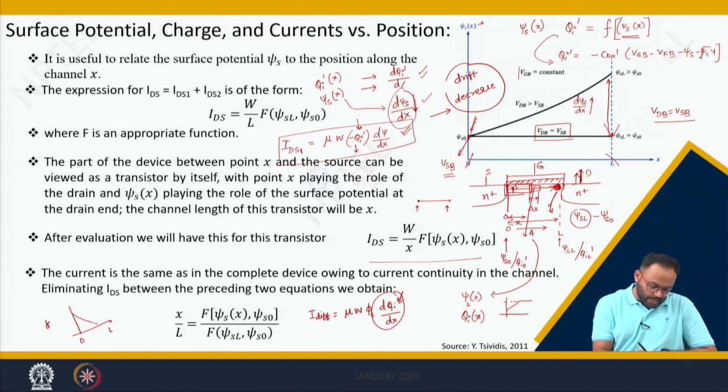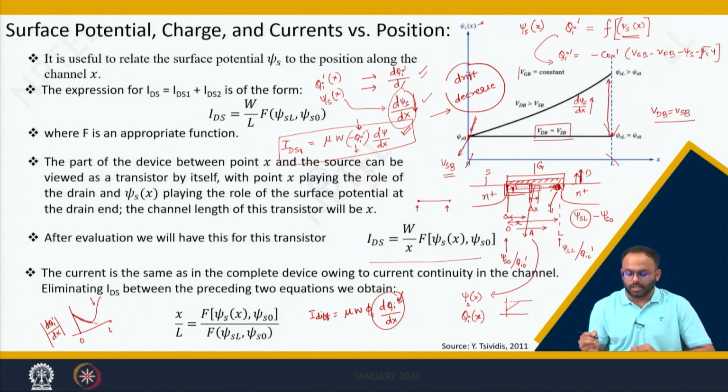However, if you find the gradient, the change in charge with respect to x in magnitude, ultimately you will find that it decreases somewhere in the middle and then increases to maintain current continuity, because at this side the drift is reducing and hence the diffusion should increase to maintain a constant current. So, we will find that the diffusion current along the channel will increase and the drift current along the channel will decrease. In such a way you can find out how the surface potential, charge and current can be calculated in terms of position.